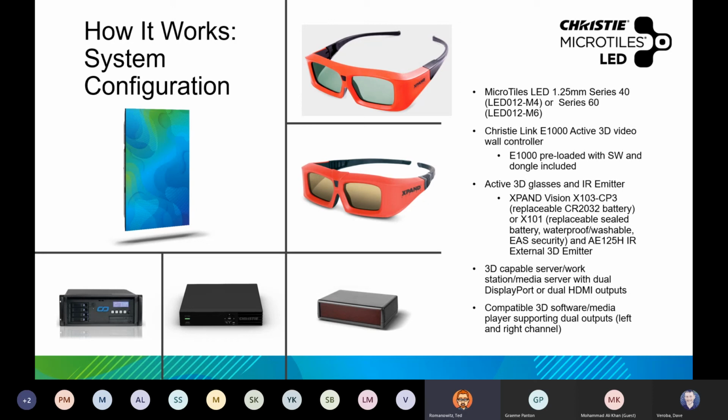And then in terms of the back end support, you would need a 3D capable server or workstation, and they have to have dual outputs, either dual DisplayPort or dual HDMI, to allow 60 hertz per cable from the source to the E1000 Active 3D controller.